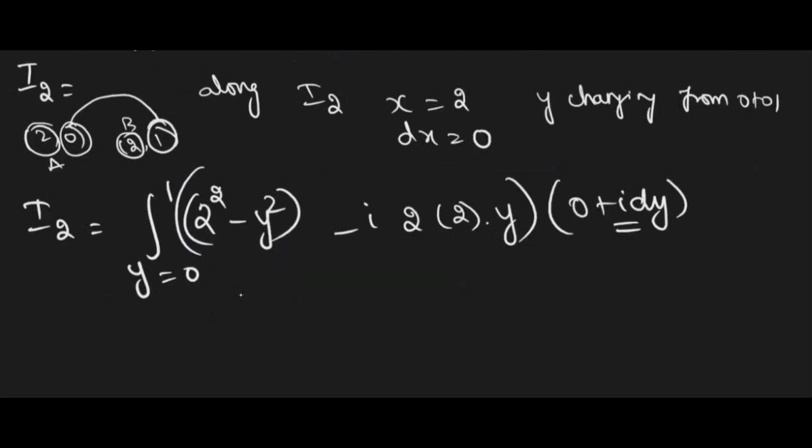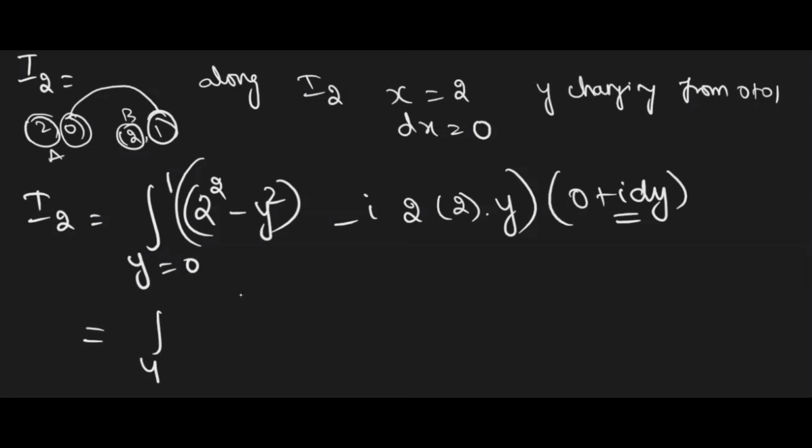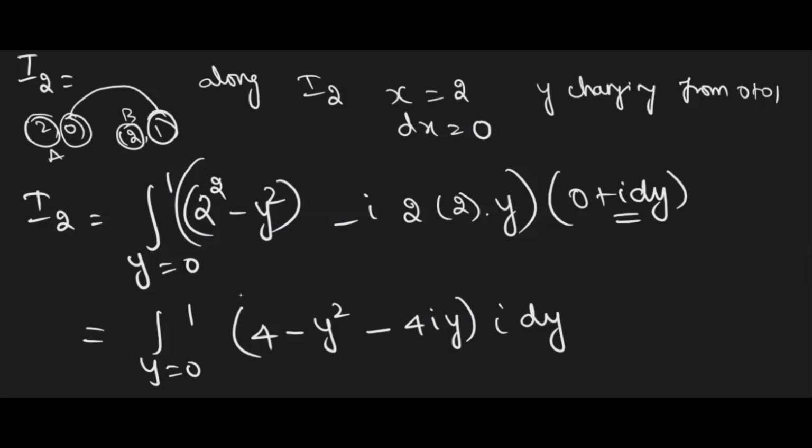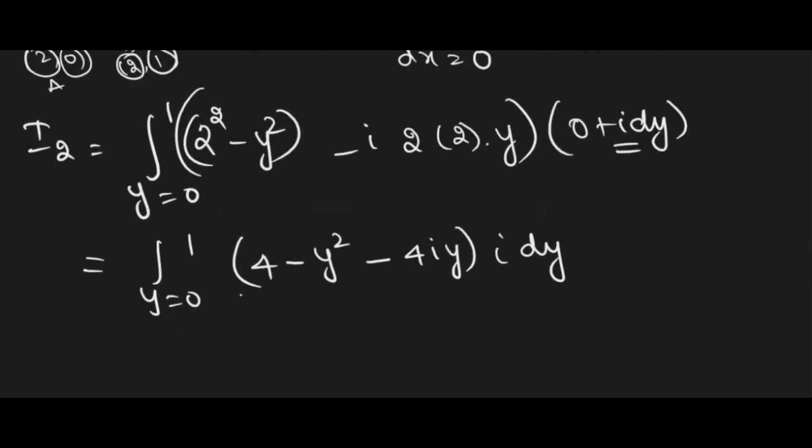Now if you simplify this, y is from 0 to 1, 4 minus y square minus 4iy into i dy. This i, if you want, you can multiply inside or push it outside. So 4 along with dy is just a constant. This is 4 into the integral of dy.